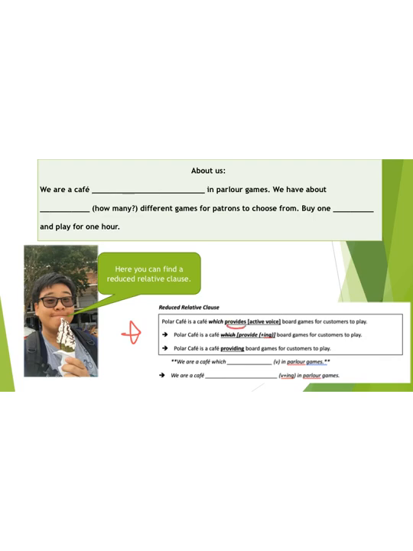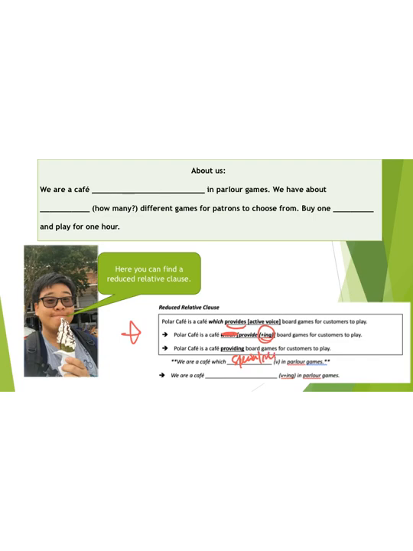When the verb here is in active voice, we can change the relative clause into a reduced relative clause by deleting the WH word, and then for active voice, we need to use ing. Then the reduced relative clause would be: Polar Cafe is a cafe providing board games for customers to play. So when we look at the paragraph, we know that we are a cafe which specializes in parlor games.